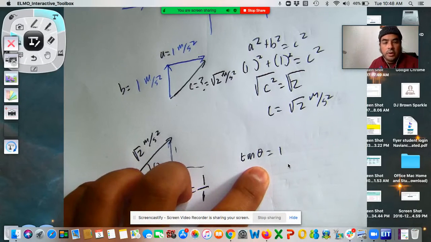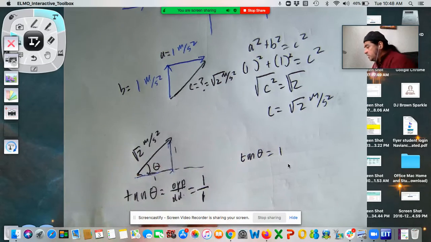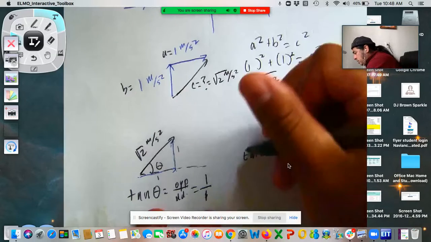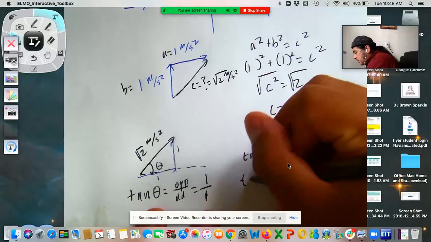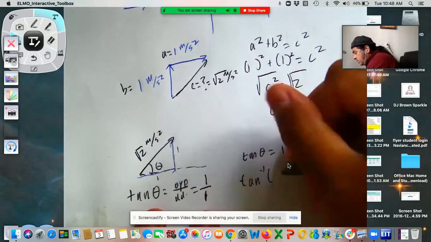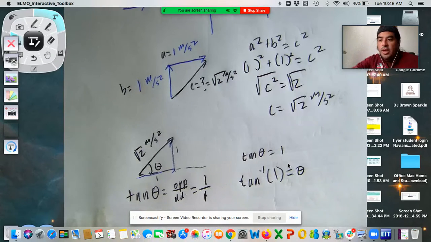Rule number 1, if you want to get rid of something, always try the opposite. I want to get rid of that tan. It is a function, so you have to use something called an inverse function, which is inverse tangent. And you do that to both sides. And what you end up getting is the inverse tangent of 1 will give you this theta. Now that is something that you will find inside your calculators.